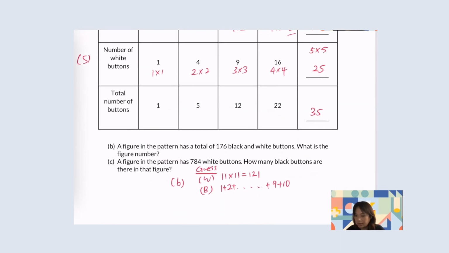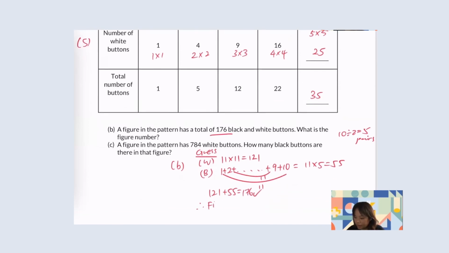So 9 plus 10, 10 divided by 2, which is 5 pairs. So 11 times 5 gives me 55. 121 plus 55 equals 176, which is correct. Therefore, the figure number is figure 11.